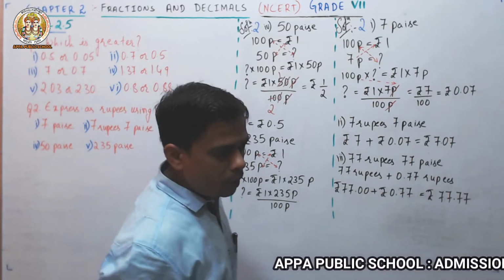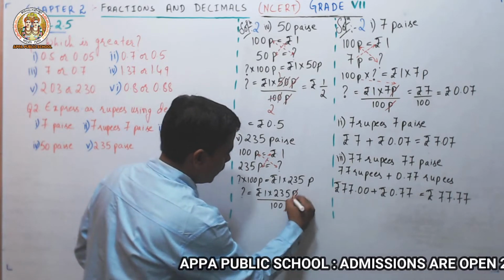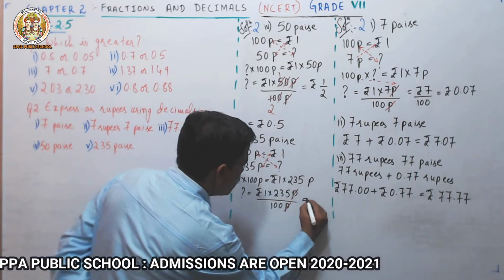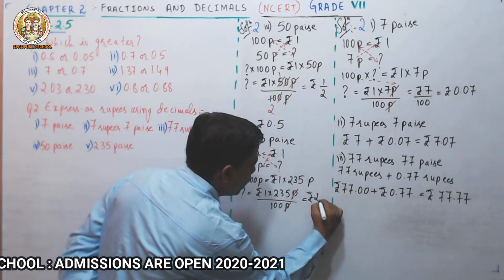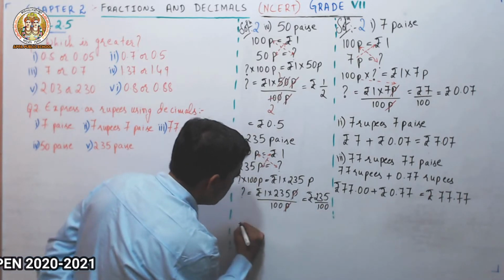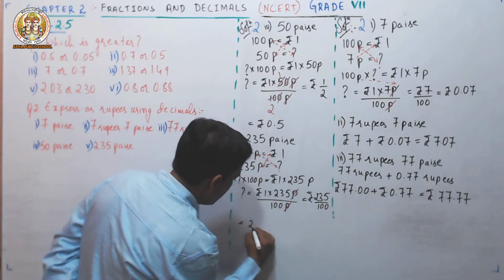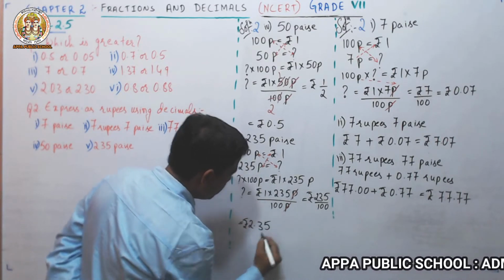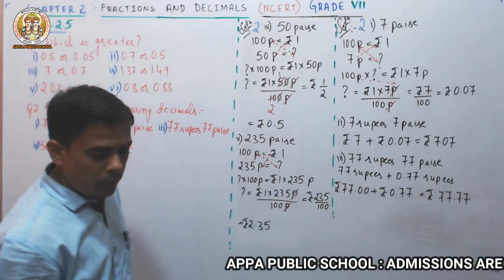So once again what I will do? I will cancel the units. This paise and paise will cancel. So remain is rupee 235 divided by 100. How can I write here? That is equal to rupee 2.35.